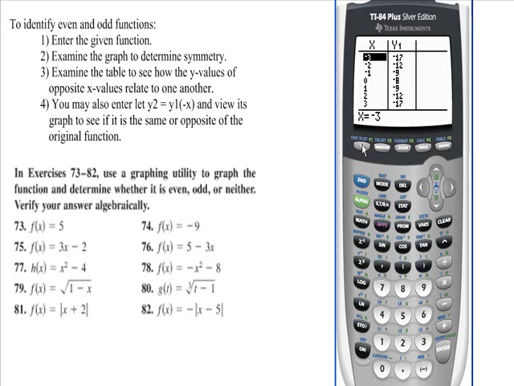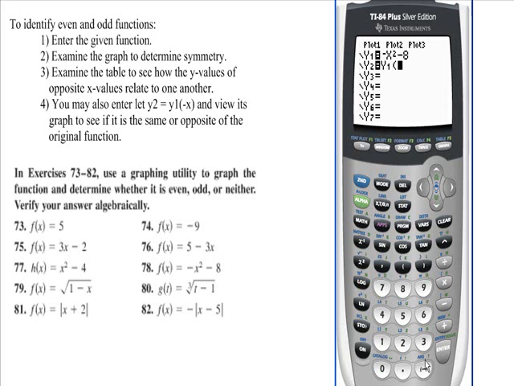Another thing I could do, if you really want to get fancy on the calculator, is use function notation. You know how we have to enter negative x in place of x. Well, in y2 I can enter f of negative x. We would have to call it y1 because that's the way we've designated the original function. So you go to Vars, over to Y-Vars, and choose Function. From that list you'll see y1, so you can choose y1.